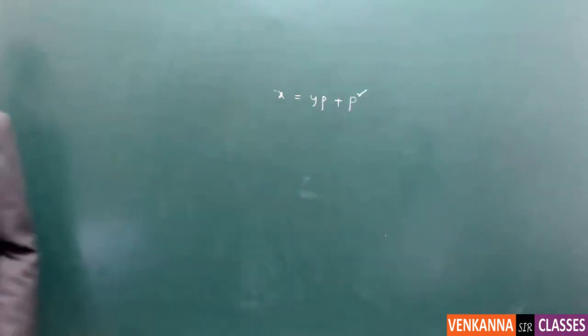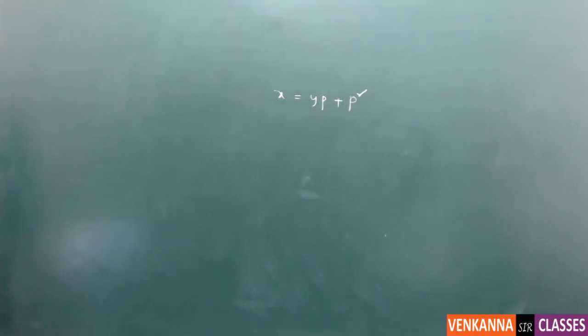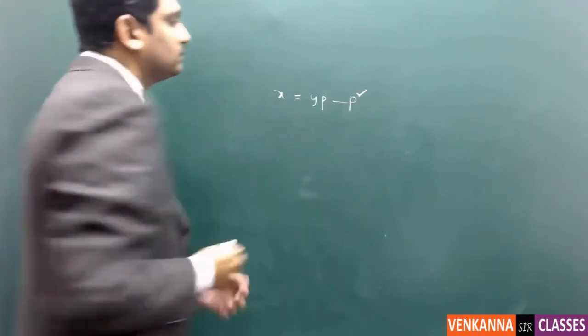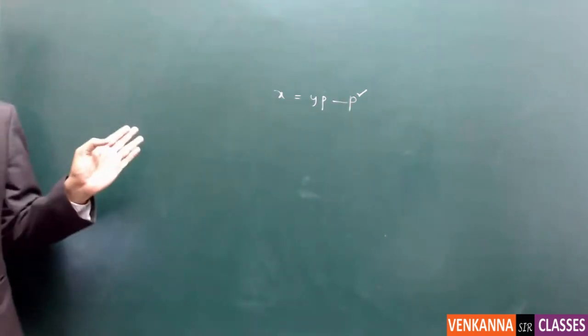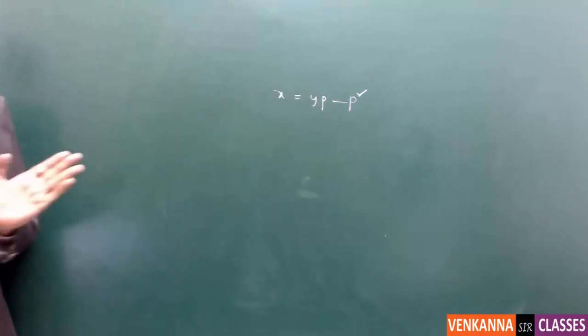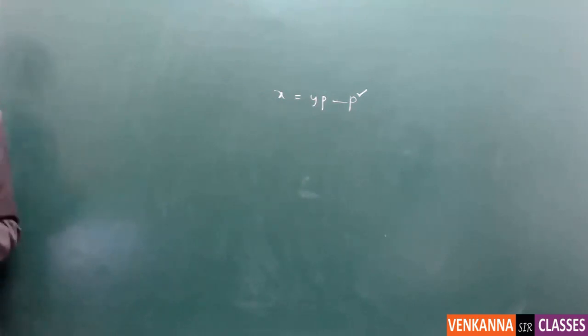Okay, x is equal to yp minus p square, fine. So your doubt is what is the method to solve this, right? Let us go with this question right now.